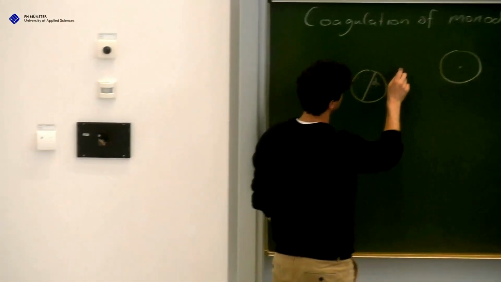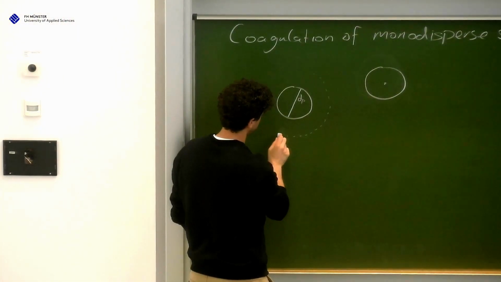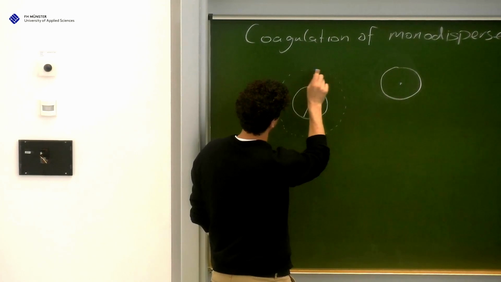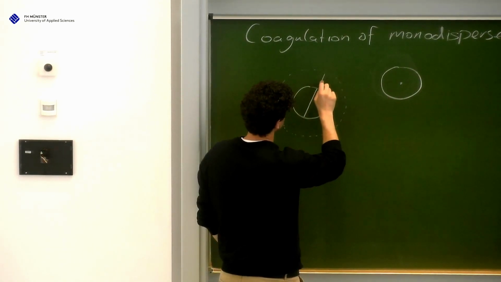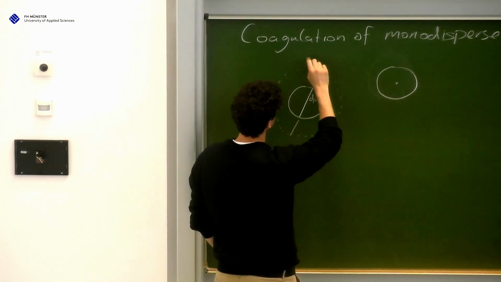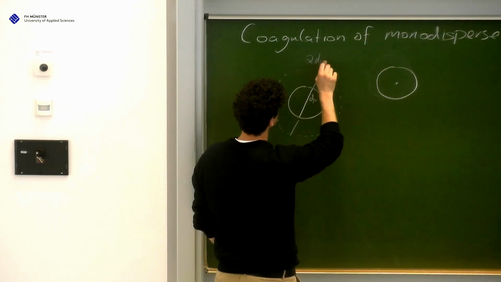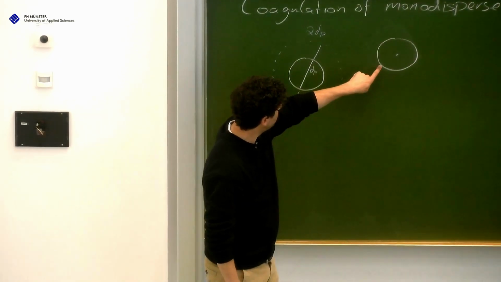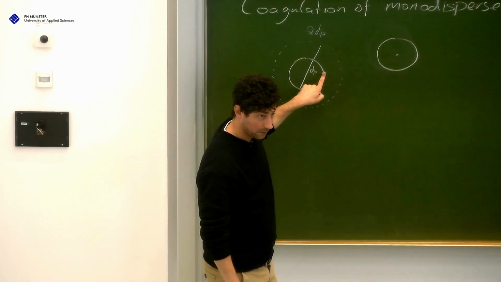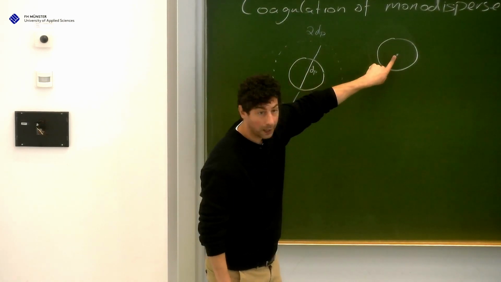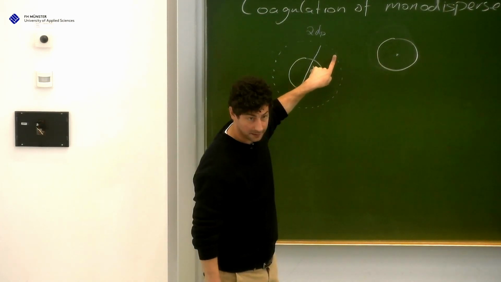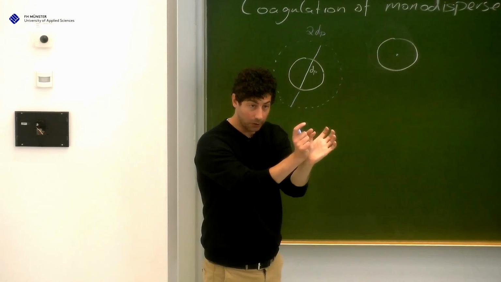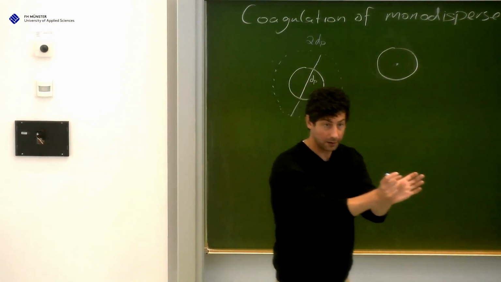So I just have to double the diameter. And this is my new diameter, and this is 2dp. Why? Because now it doesn't matter if this white bead or if this blue one would hit this distance. It would describe that they are touching each other.